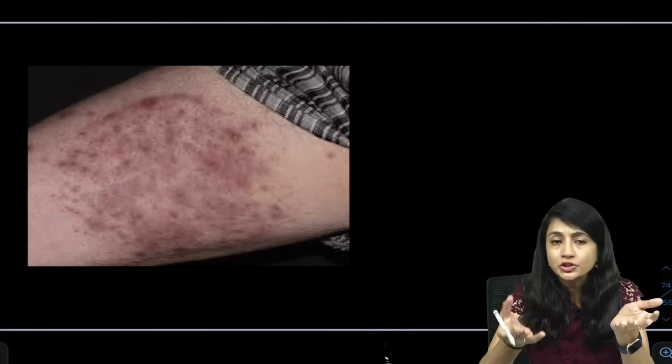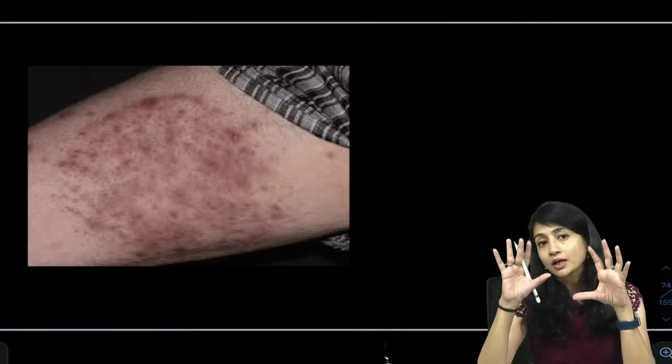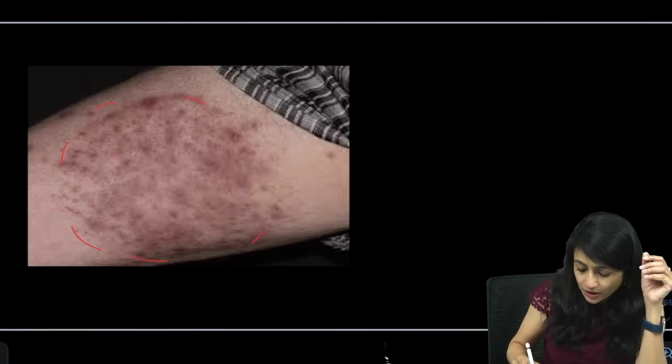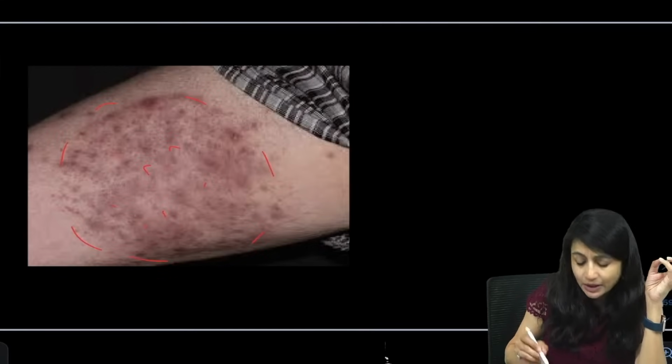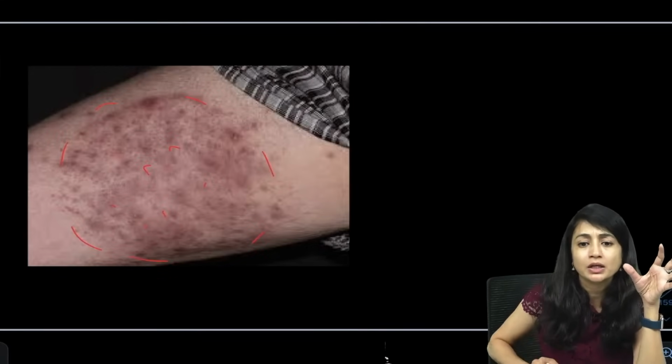Commonly in the exam, the question comes, a patient presents to you with a lesion on the thigh, and the patient has used multiple OTC products, and it is now not improving. You do not see a classical annular scaly lesion. What you see is a lesion which has a lot of erythematous papules, hyperpigmentation.